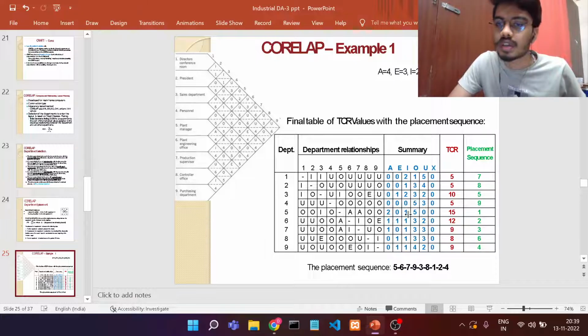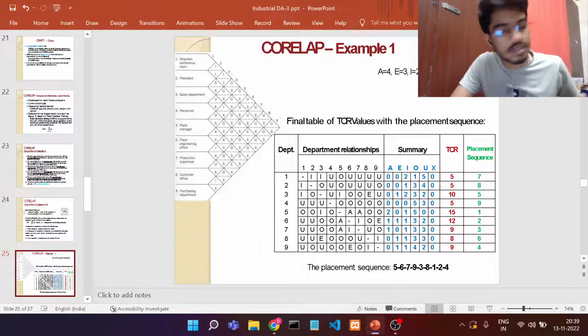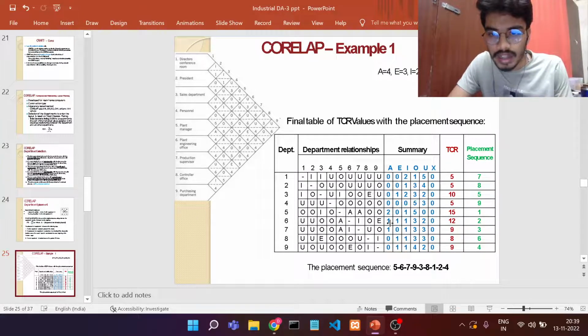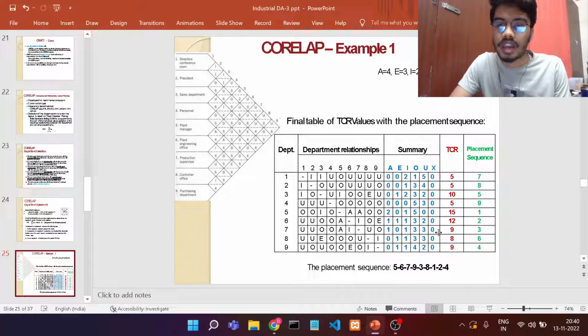That's why we have given it a priority, and it is in the first placement sequence. And if you sum all the elements in the sixth, it has 1A, 1E, and 1I, so the priority will be 2. Likewise the priority goes on from 1 to 9, and that's how you decide the priority in the Corelap.